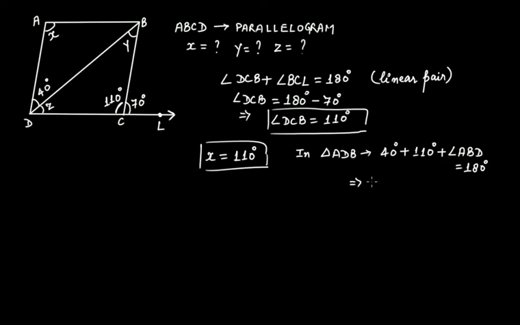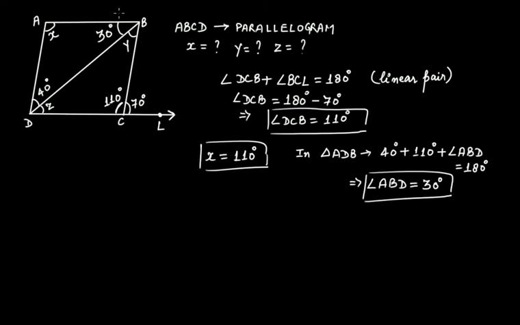From here you get angle ABD is equal to 180 degrees minus 150 degrees. You get 30 degrees. So this angle is 30 degrees, right? This angle is what?